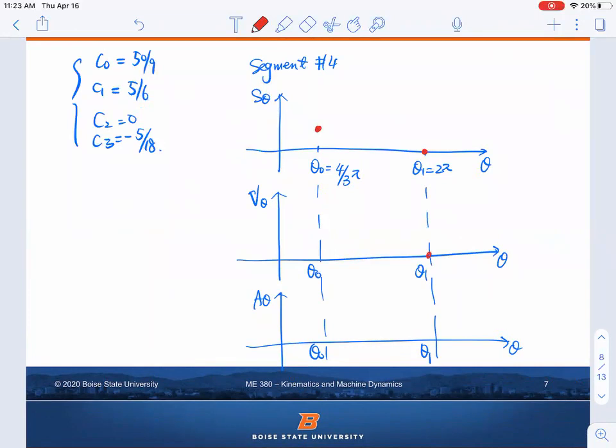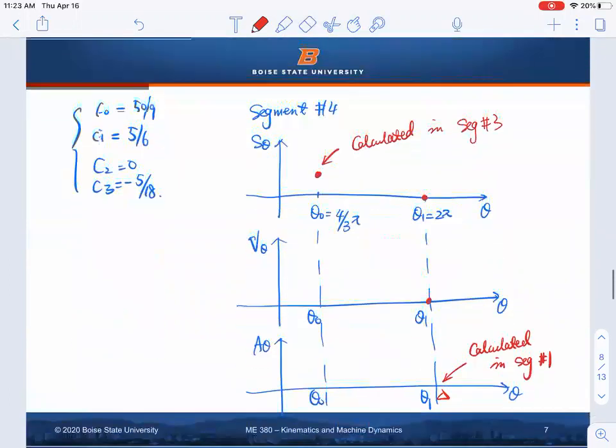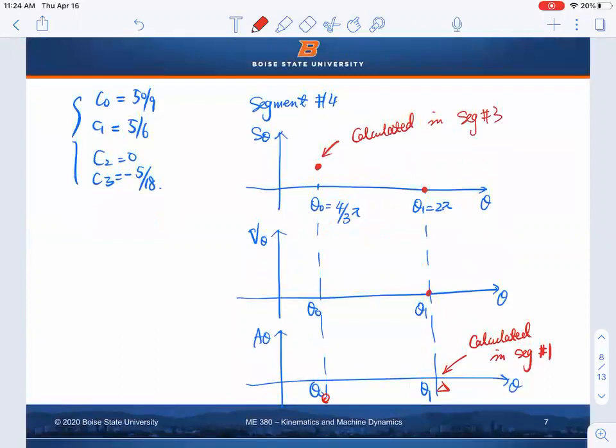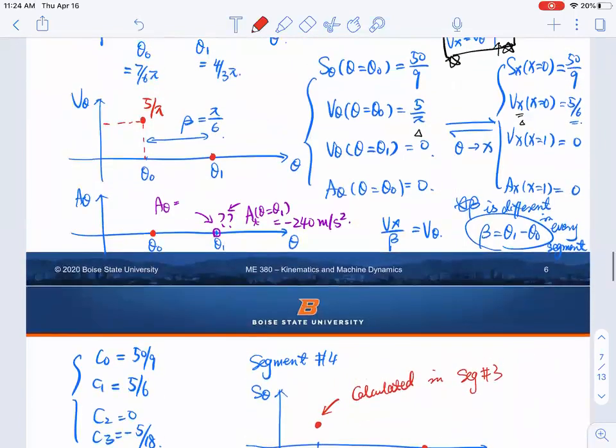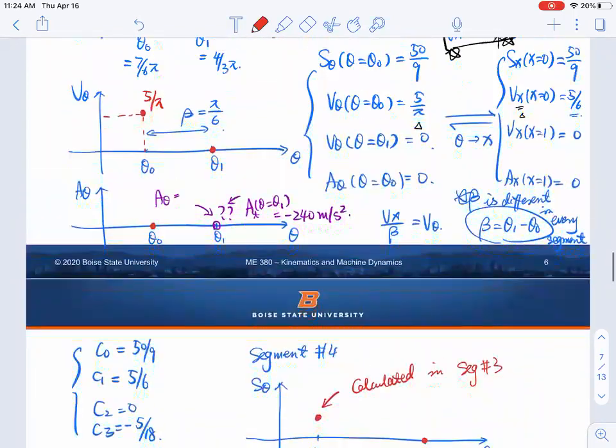And then this acceleration is calculated in segment 1. That's calculated in segment 3. This acceleration is also calculated in segment 3. And then the velocity, we know that is 0.